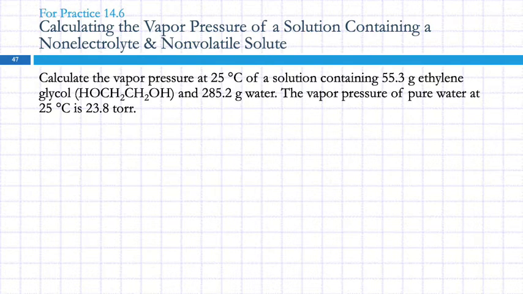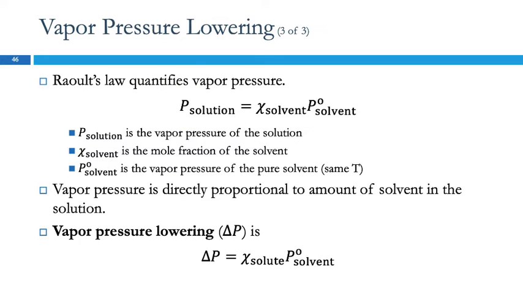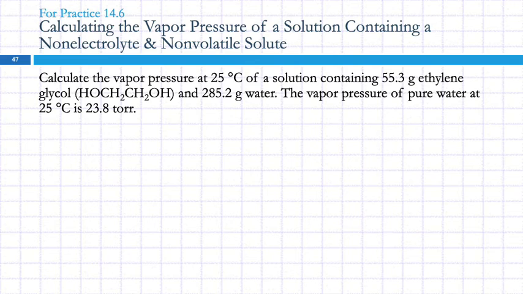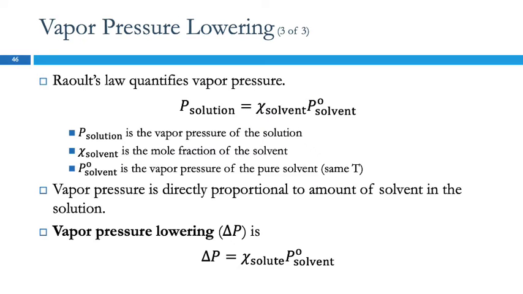So calculate the vapor pressure at 25 degrees C of a solution containing 5.3 grams ethylene glycol and 285.2 grams water. Vapor pressure of pure water is 23.8 torr. So this one is asking us to calculate the vapor pressure, not the vapor pressure lowering. So we want this top equation here.